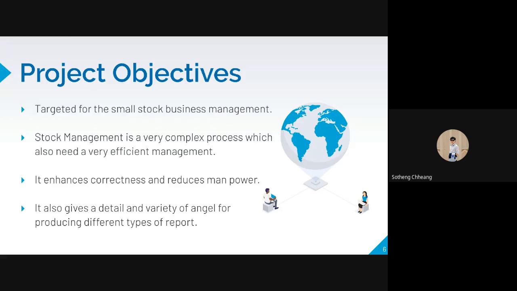So we need to record all transactions in and out to avoid losing information. We could do it manually on paper, but a month later we would lose the data, we would lose the paper. So where can we get all the data back? We need one system that keeps track of all the information in and out of our stock management.